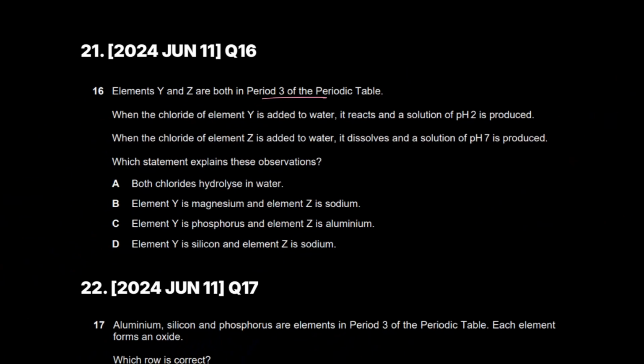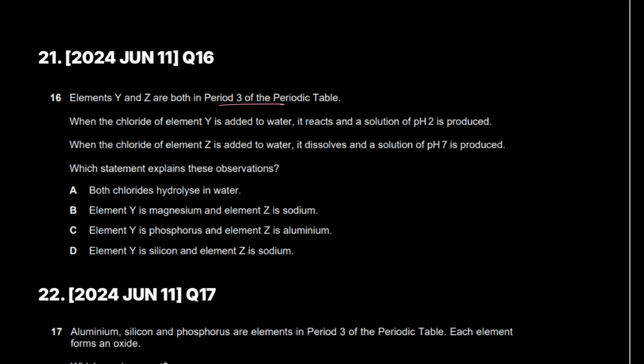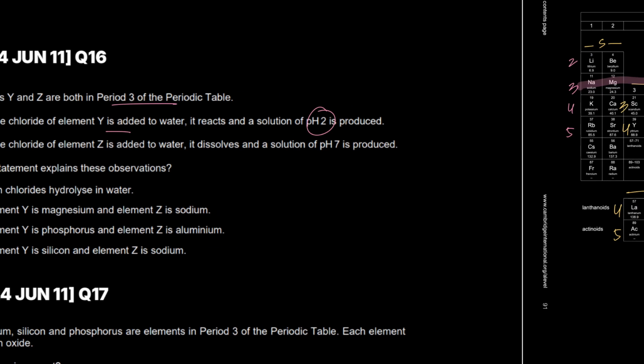Now it says when chloride of element Y is added to water, it reacts and gives you a solution of pH 2. This is so important to understand, because you need to know which chlorides give you a pH of 2.